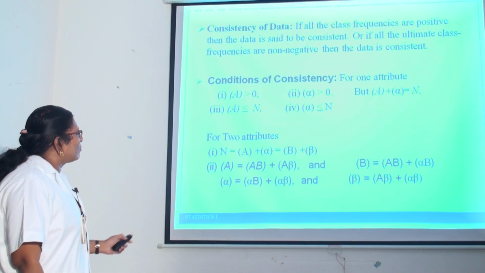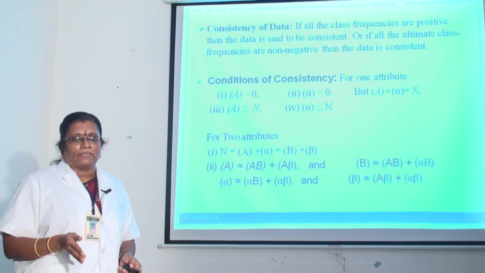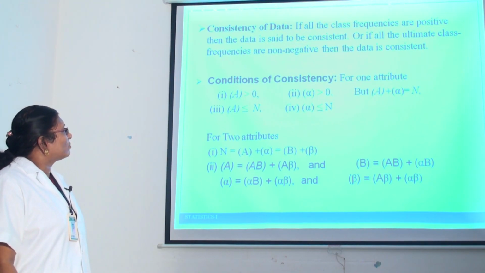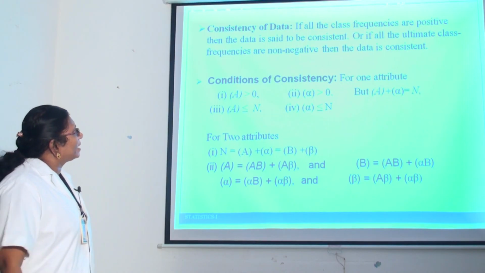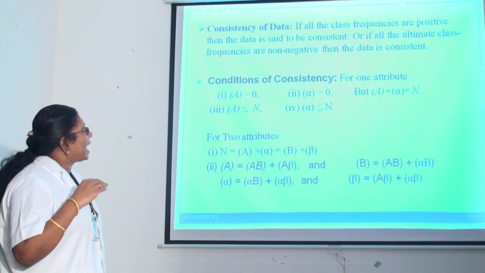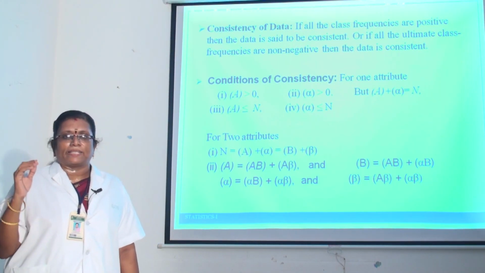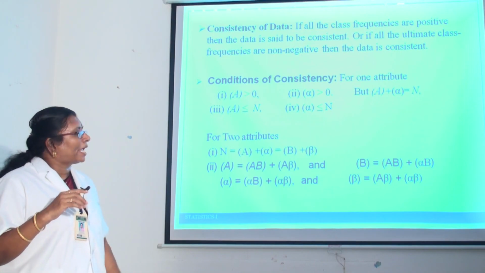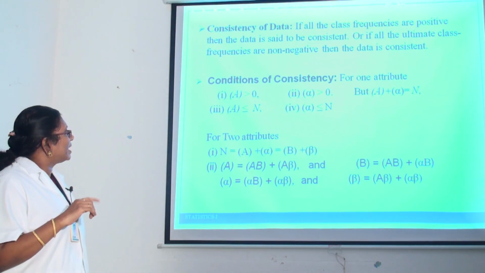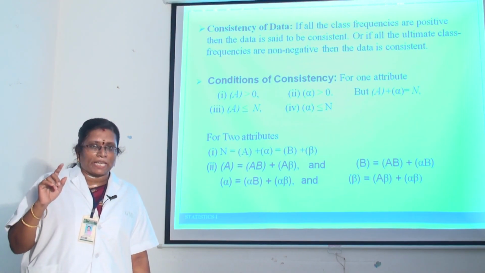In this consistency of data, we can check whether it is consistent or inconsistent. How to check it? If all the class frequencies are positive, then the data is said to be consistent. Another meaning I have written: if all the ultimate class frequencies are non-negative, then the data is consistent. For example, if I am taking one attribute, the class frequency A should be greater than 0 and the class frequency alpha should be greater than 0.